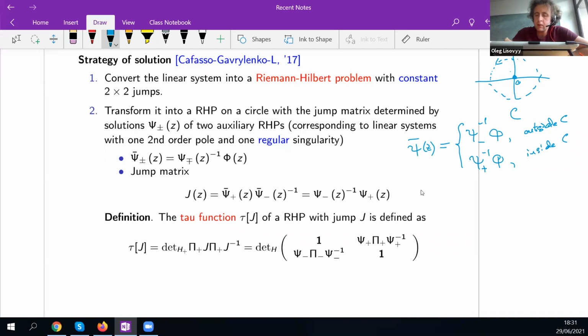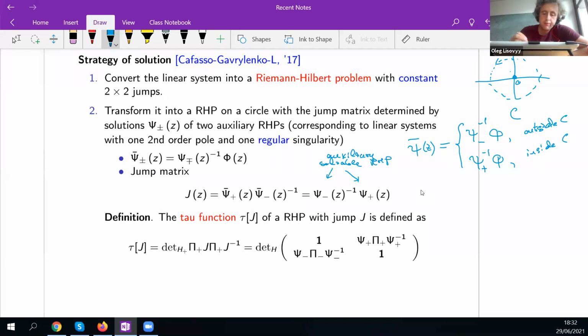So the resulting matrix will be perfectly analytic inside and outside the circle, but it will have a jump here. And so the jump matrix will be given essentially by the ratio of these two auxiliary solvable Riemann-Hilbert problems.